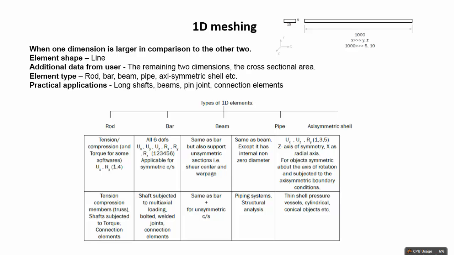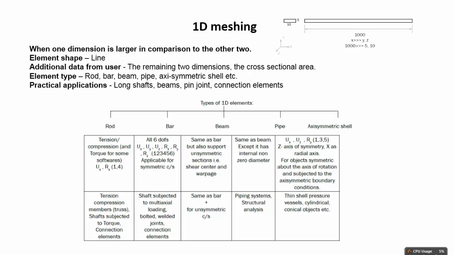There is an axisymmetric shell element which is used for thin shell pressure vessels, cylindrical, conical objects, etc. This element supports translation about x and z, and rotation about y, where z is the axis of symmetry and x is the radial direction.